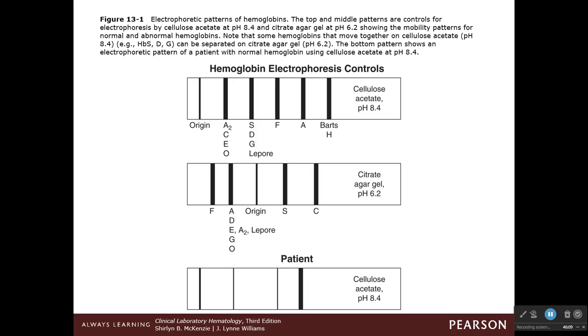Okay, so that's what your bands are going to look like. All right, so now let's diagnose our patients based off of our bands. Okay, so we're going to say patient 1.